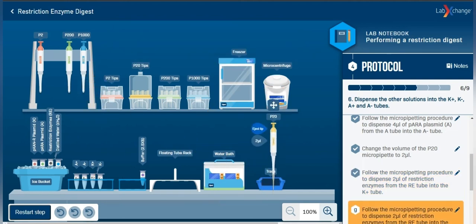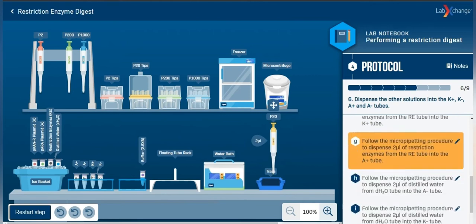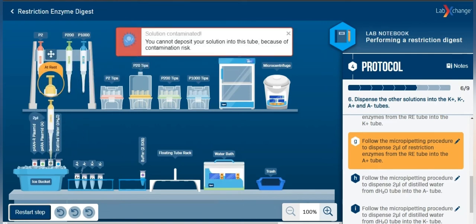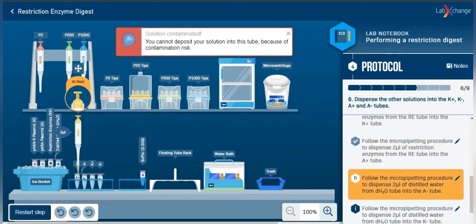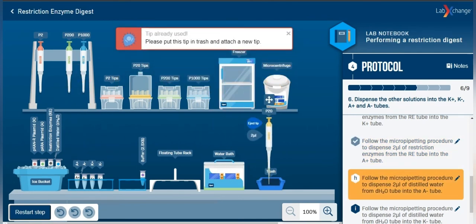Next, follow the micropipetting procedure to dispense 2 microliter of restriction enzymes from the RE tube into the A plus tube.